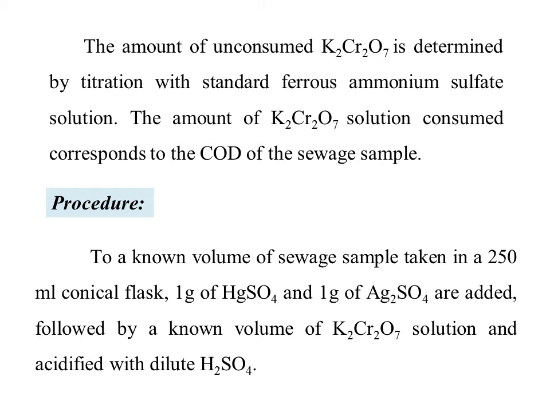Here, let us try to understand the procedure of this experiment. To a known volume of sewage sample taken in a conical flask of capacity 250 ml, 1 gram of silver sulfate and 1 gram of mercury sulfate are added, and then a known volume of potassium dichromate solution is added and acidified by sulfuric acid.